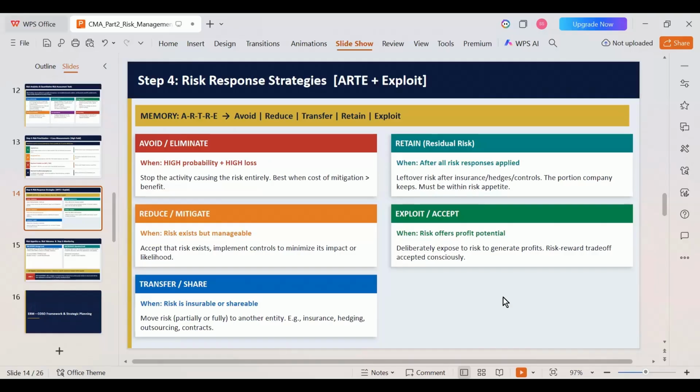Those are the reduction strategies which we can take. Risk transfer: again, we know that fire insurance can be purchased. Then risk retention: after we have bought a fire insurance for 1 million, if we face a fire accident risk of 1.5 million, 0.5 million of risk is still retained in the company. That is risk retention.